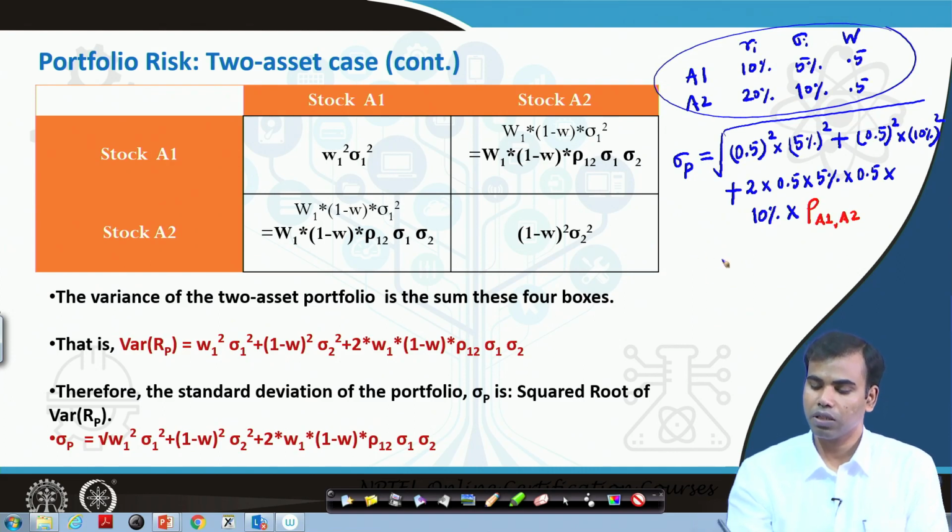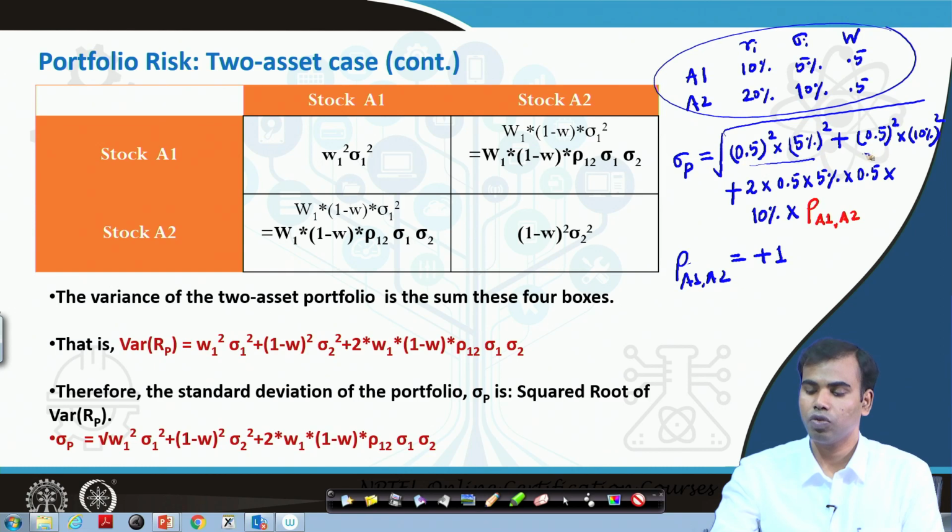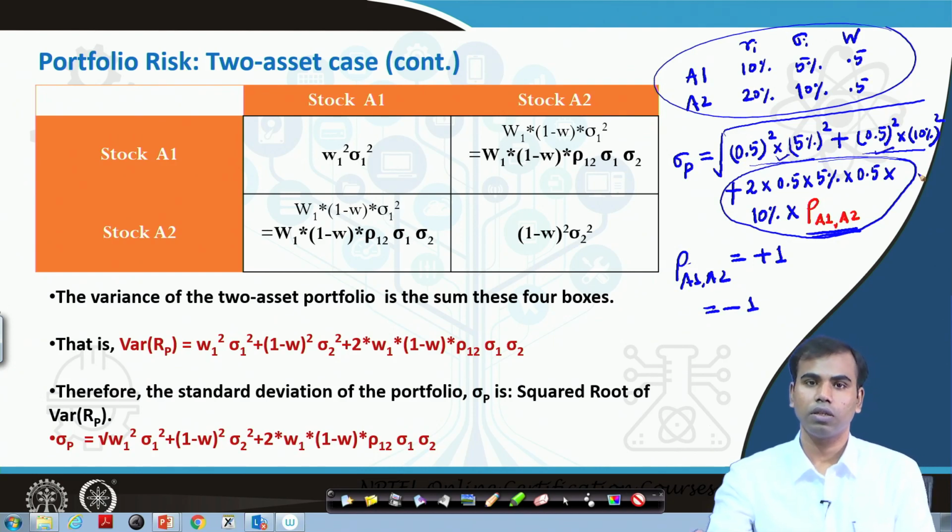Now, if we assume that this correlation is plus 1, so the correlation between A1 and A2 is plus 1, this will add more risk to the individual risk of the assets. If it is minus 1, then this entire factor will become negative, a reduction from the total of the individual risks of the assets.